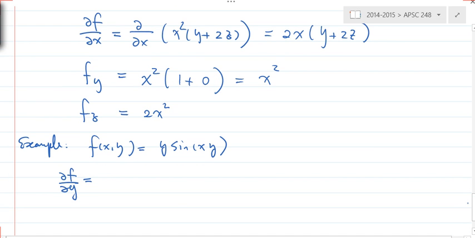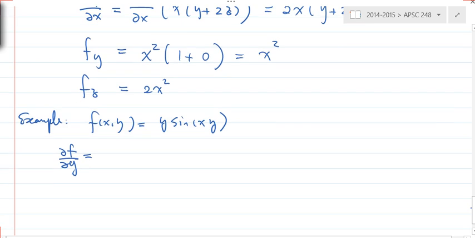Give this one a minute. For df over dy, you treat x as a constant, but there's a sine there, and there's a multiplication.